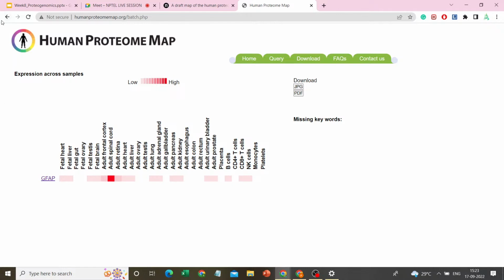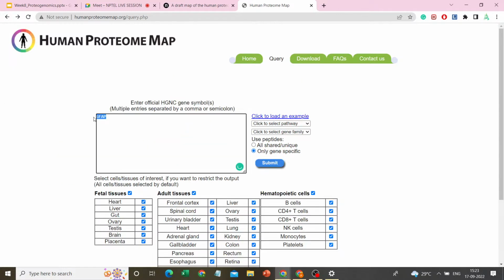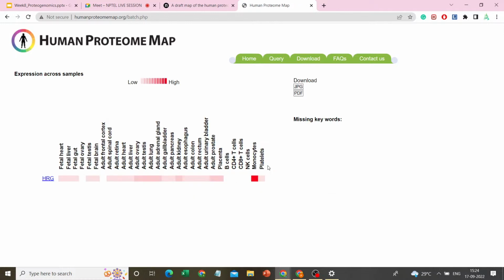Another example, I think in your course, in the videos you have about HRG, histidine rich glycoprotein. Let us look at where HRG's protein level expression is more. You can see that HRG's protein level expression is more in monocytes. Others have low to medium level expression.